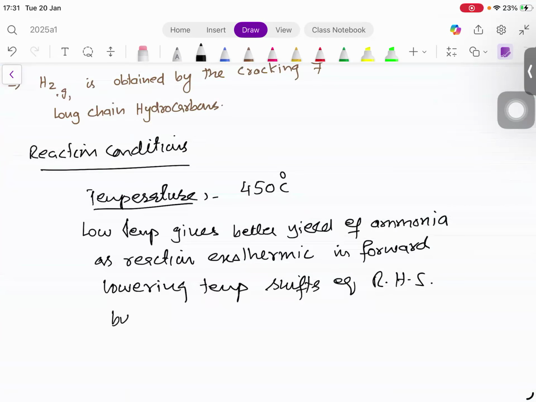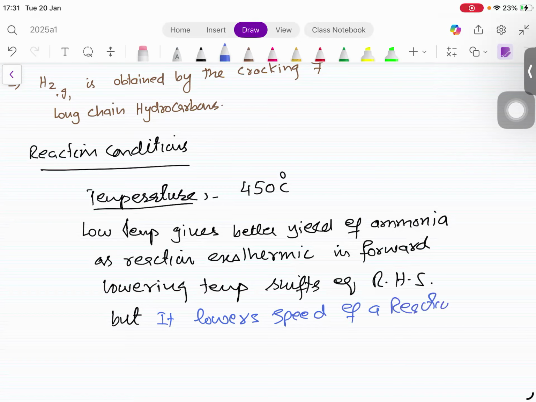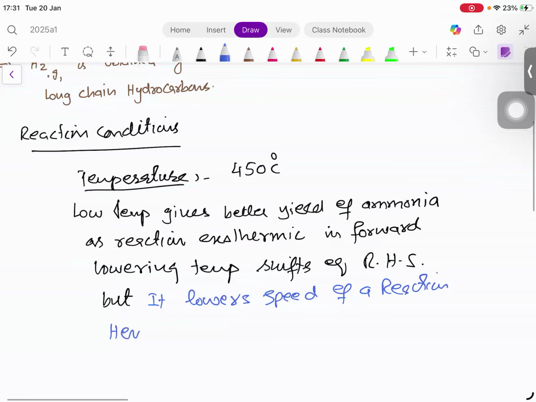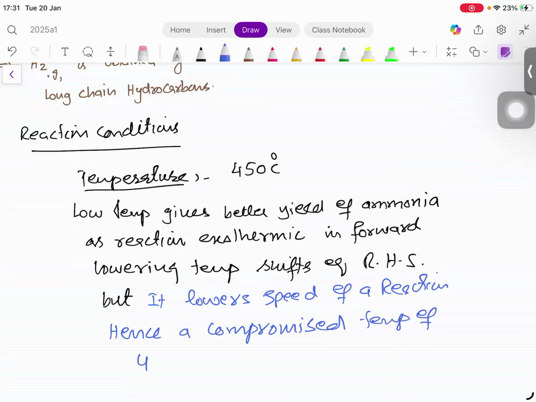But the problem is, it lowers the speed of the reaction. Hence, what to do? Hence, a compromised temperature of 450 degrees Celsius is used.